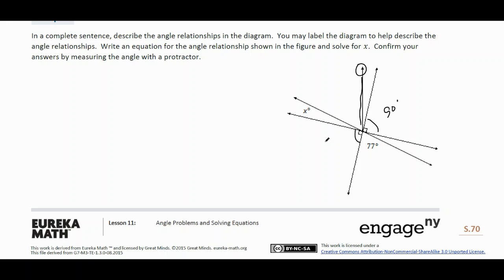They are both 90 degrees. Now this one here is not going to be congruent to only this one because as you can see, there is a ray here. If we extend a ray here, yeah, they are vertical, they are congruent. But rather, this one here is the one that is 77, right? This total, okay?